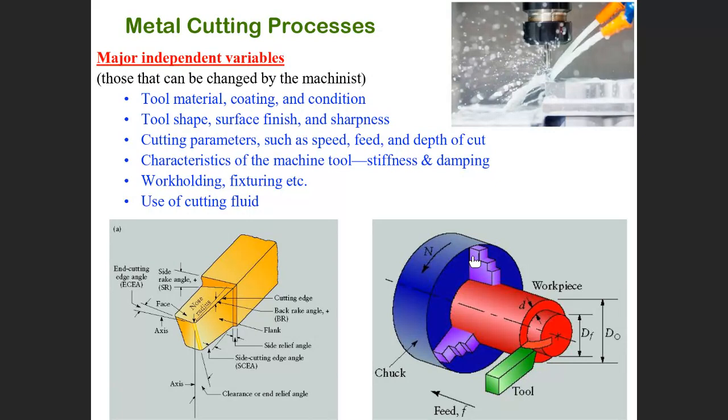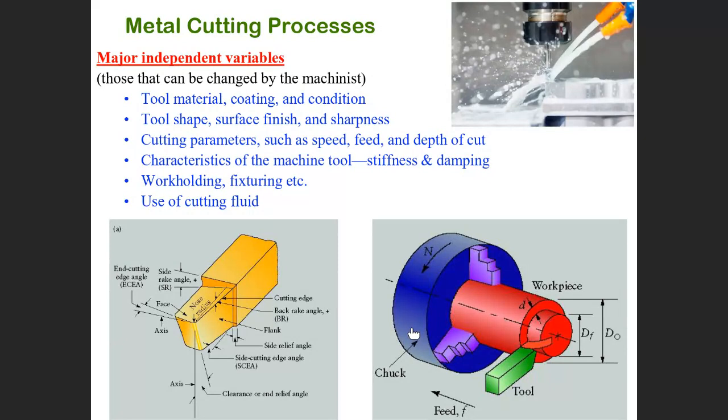What is the cutting speed? What is the rotational speed? This is one. What is the depth of cut? This is two. What is the traveling speed, which is the feed? This is three. These are independent parameters, because we fix them at the beginning, before we do the cutting.